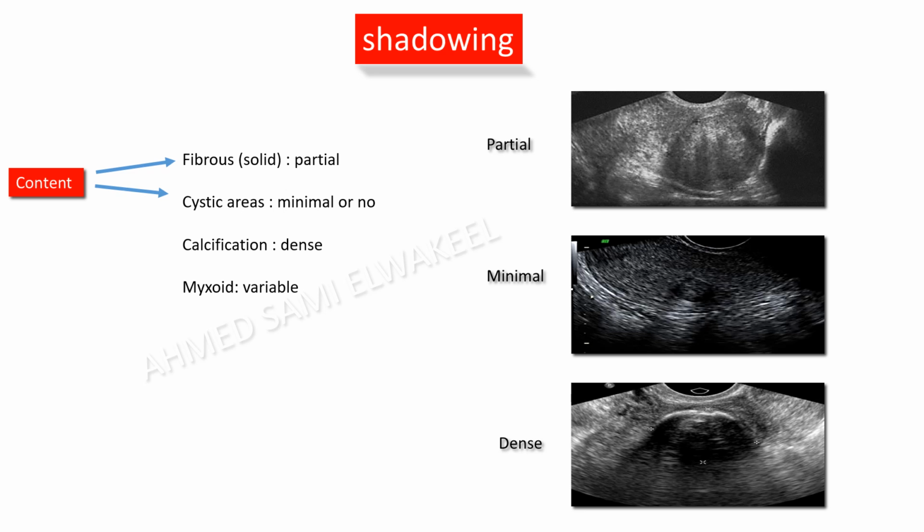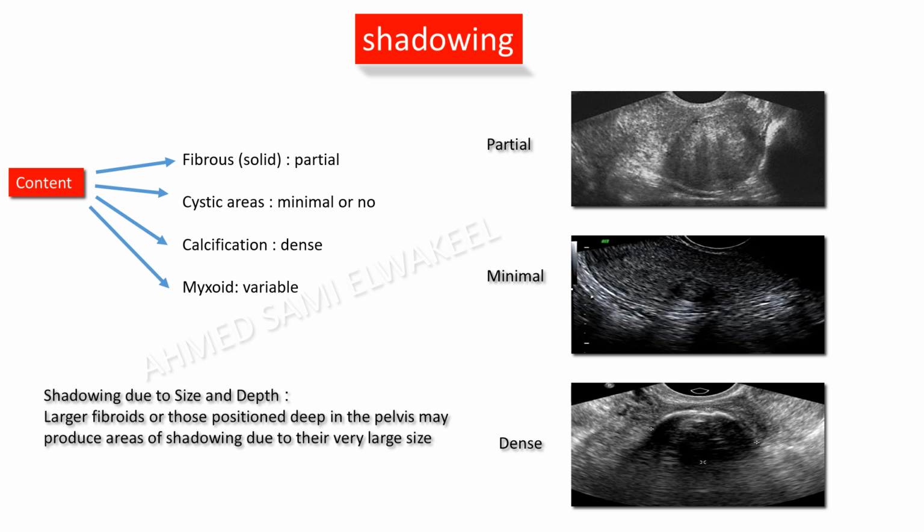They may contain fluid-filled areas which can appear as areas of low or mixed echogenicity with less shadowing. Fibroids with calcification produce dense shadowing. The calcified area reflects sound waves, creating a dense shadow that obscures the structures behind it, and it is variable in case of myxoid content.